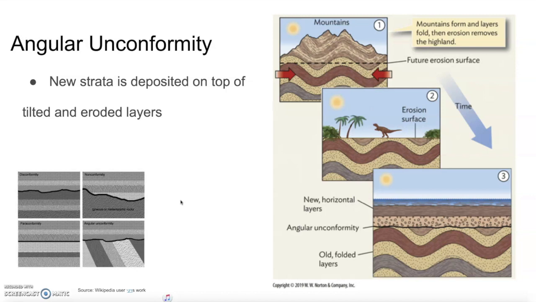So say there was a mountain building event, which we call an orogeny in geology. Say the Appalachian Mountains formed. All these mountains are now starting to erode.